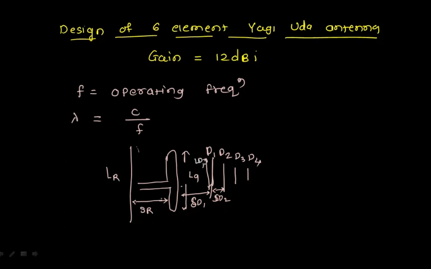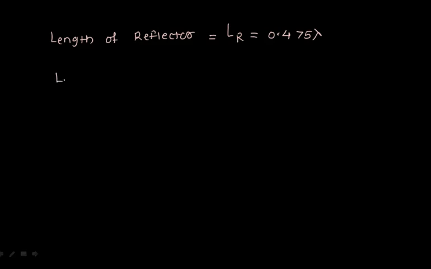Whenever I'm talking about the length of reflector, as we have seen here, the length of reflector must always be greater than the length of active element. So LR is equal to 0.475 lambda. Then the length of active element must be smaller than the reflector, so LA is 0.46 lambda.